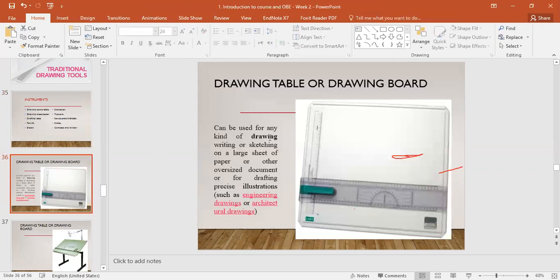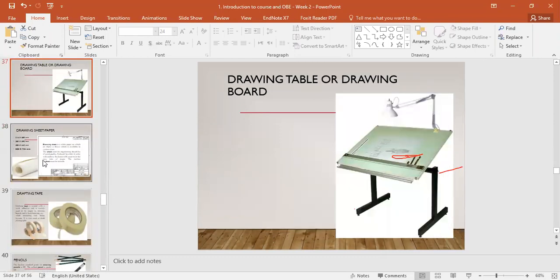The drawing table is used to fix our drawing sheet. If we do not fix the drawing sheet and we start drawing, it will move over the surface and we cannot draw properly. There are different types of drawing boards, but you don't need to have a drawing board.